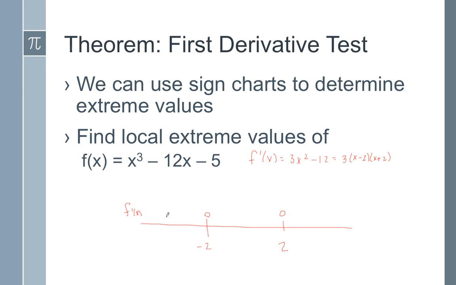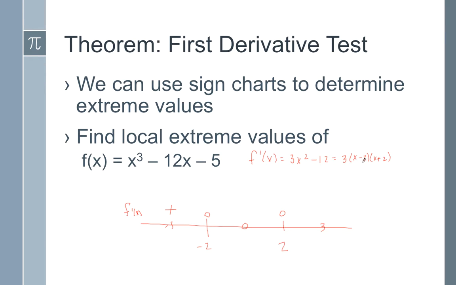If we were to plug in a number out here, so let's say -3, and we plug in 0 here and a 3 here, numbers that are in these intervals, we would notice that for -3 we're going to get a negative times a negative, which is a positive. So f prime is positive on the left of -2.